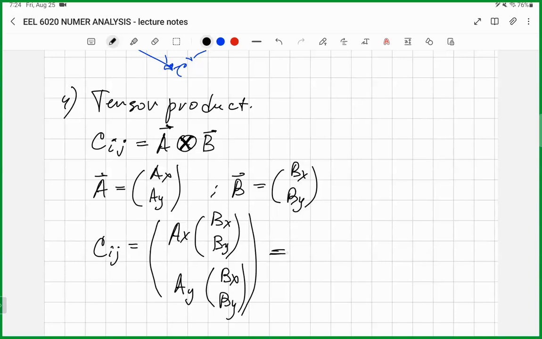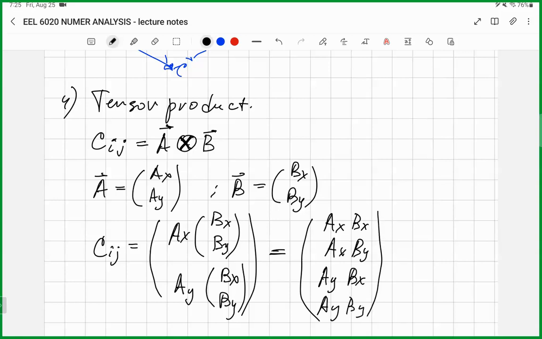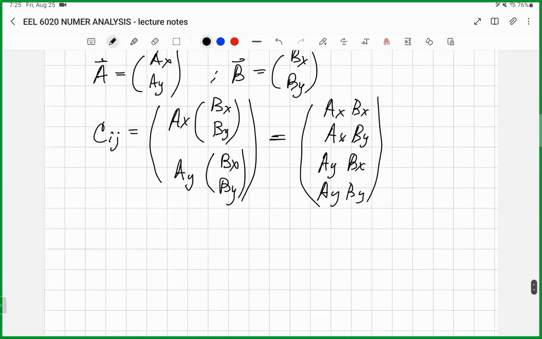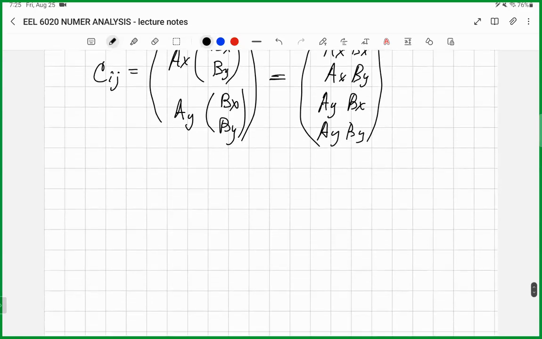If I expand this, simply multiplying each component by the components of vector B, I'll get AX BX, AX BY, AY BX, and AY BY. It's another vector of four components. Pretty simple, huh?